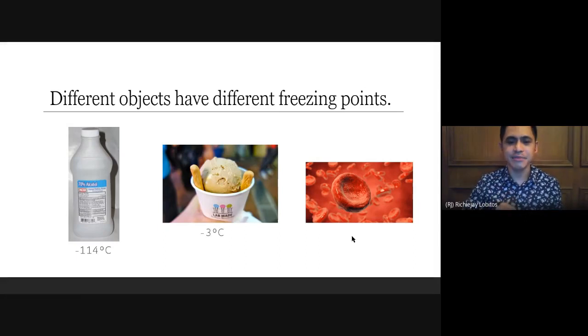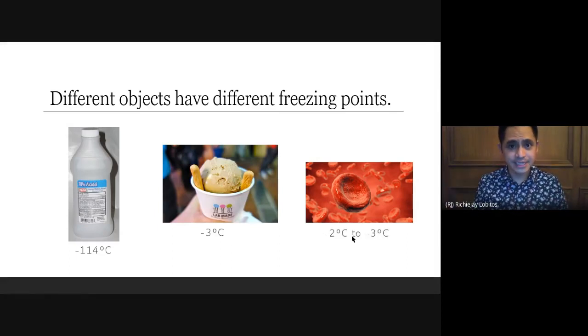And ice cream freezes at negative 3 degrees Celsius. So if you keep it at 0 degrees Celsius, it will actually melt, because it has to be at around negative 3 or below degrees Celsius to maintain its solid state. Above negative 3 will cause it to melt.